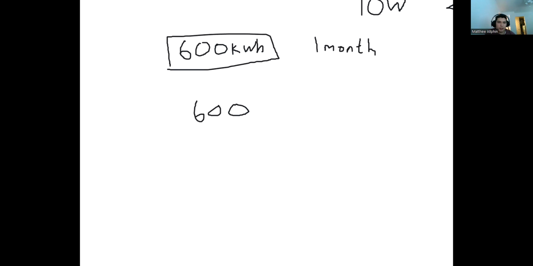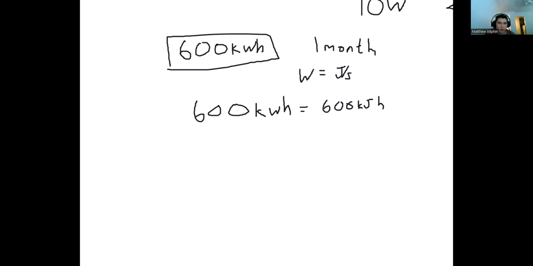The way I do that, they say this is 600 kilowatt hours, right? Since a watt is equal to a joule per second, I can say this is 600 kilojoules per second times hours. It's like kilojoule hours per second, which is a little weird, but we can work with that.